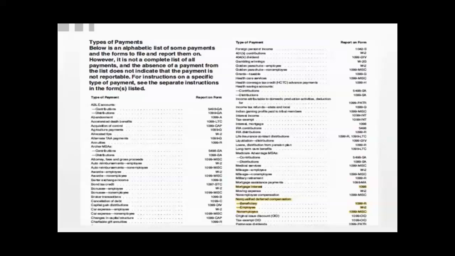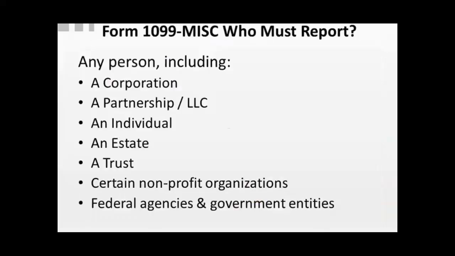Now, certain non-qualified deferred compensation payments of $600 or more are going to go on the 1099 miscellaneous and may also be shown on, I've got a note on there a little later on about the change in the form for 2020. They will be reported in a box, it'll be reported somewhere else as well.